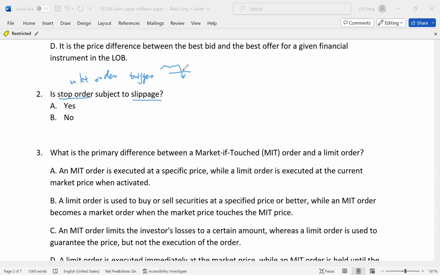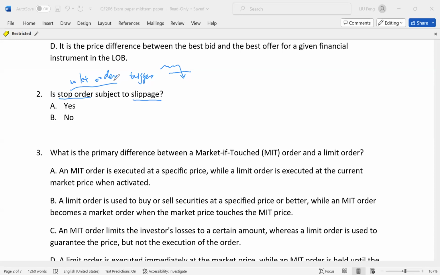So for example, if this is the market price of a stock, and we set a trigger price at this level, and if the price drops below this level, we can immediately say, let's sell this stock to prevent us from further loss. So that's a safety mechanism. And in this case, it helps us stop the loss. So it's a stop order, and it is actually a market order.